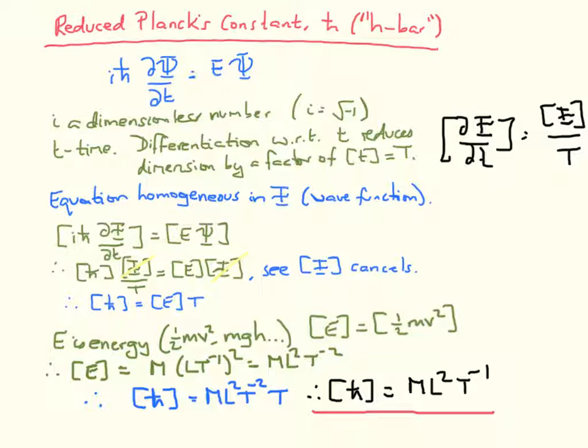So the important thing to realise here for calculus is that if you're differentiating something with respect to a quantity, the dimensions of the derivative are the dimensions of what was being differentiated divided by the dimensions of this quantity, in this case time. And with that, I will stop this podcast.